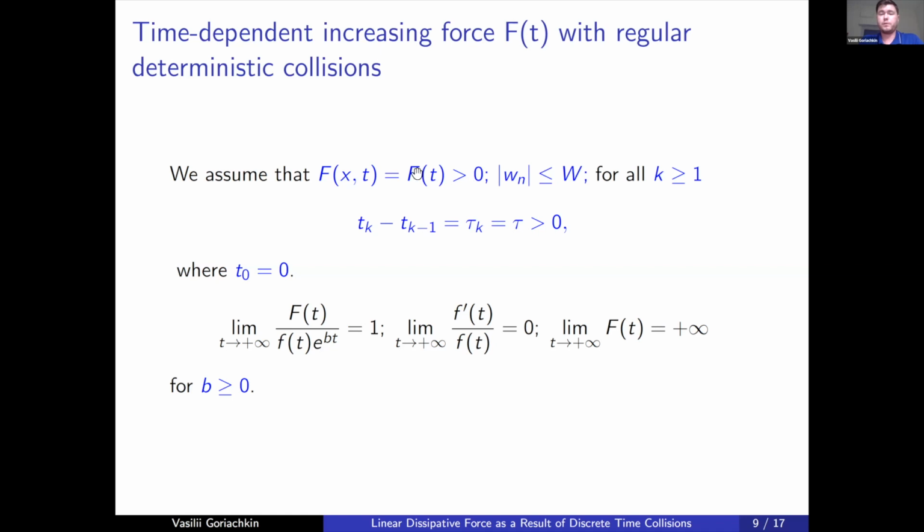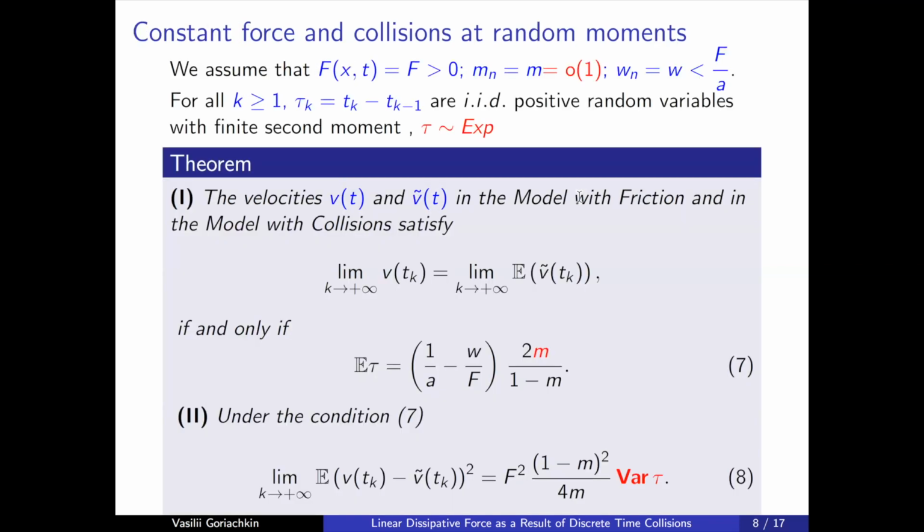If f of x, t depends on t, and this function goes to infinity when t goes to infinity, we also need the condition from the previous slide, where we considered tau exponentially distributed or any distribution with second moment.